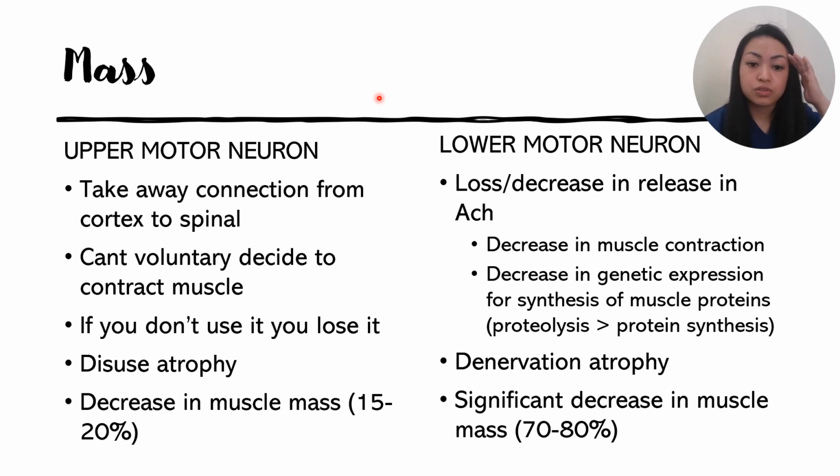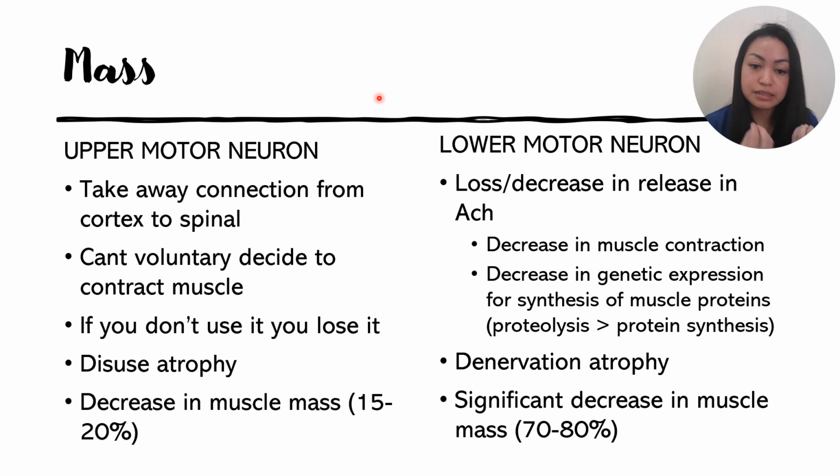In this cerebral cortex, I have voluntary control of my muscles. So I can either contract my biceps or extend my limb to relax my biceps. I can tell my muscles what to do.